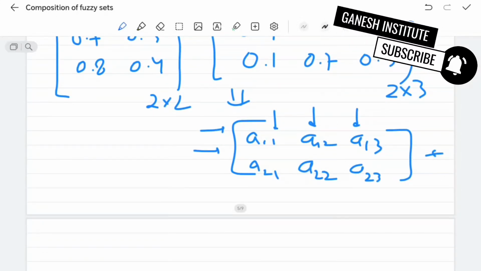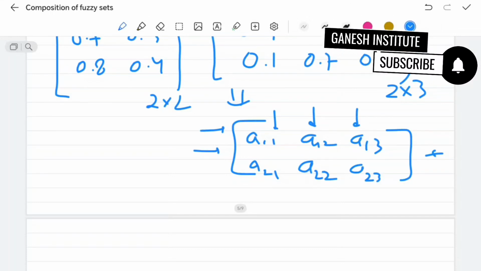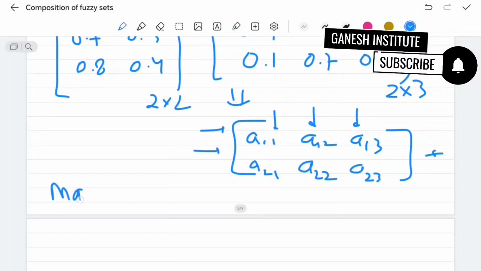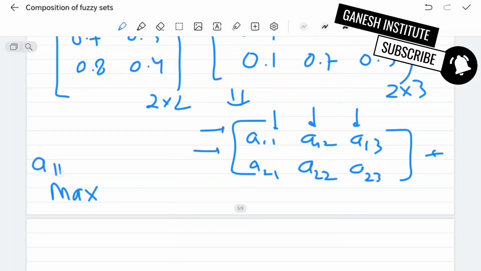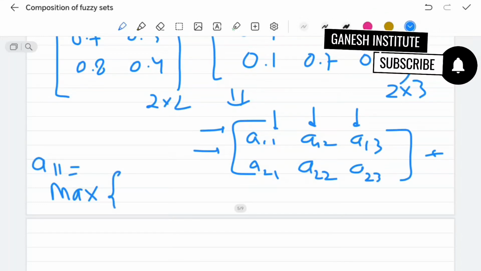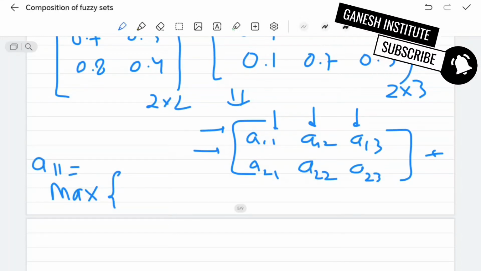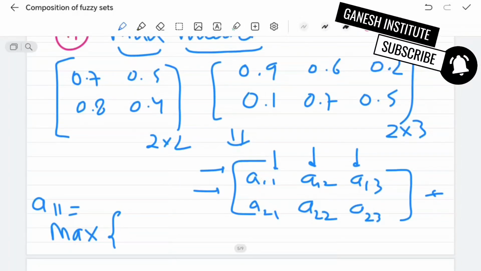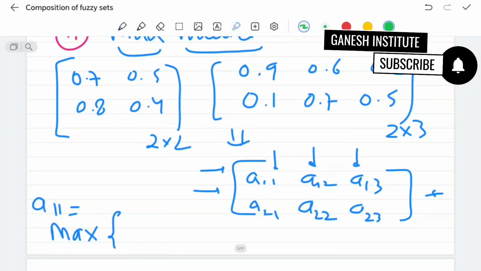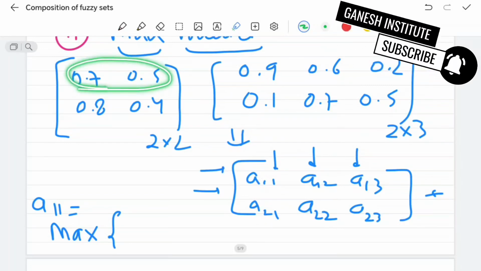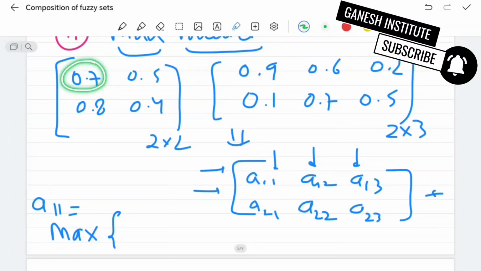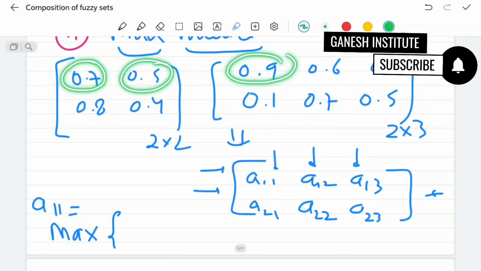Now we have to find out maximum product, right? So for A11 we have maxima of first row, first column. So what are first row, first column for us? This is first row and this is first column. So we need to find out the product of 0.7 with 0.9 and 0.5 with 0.1.